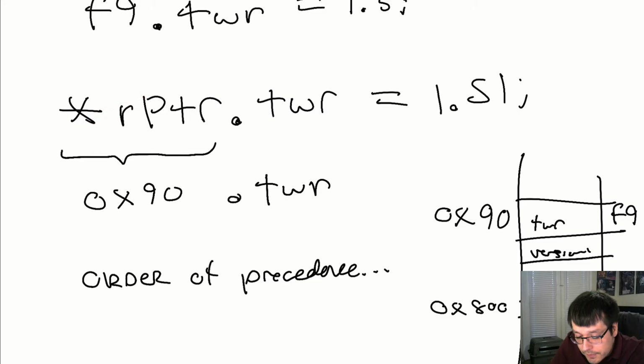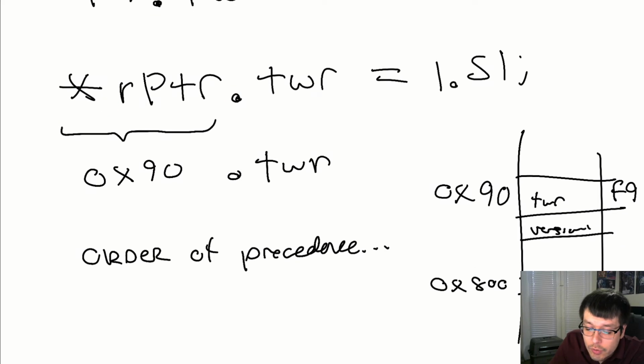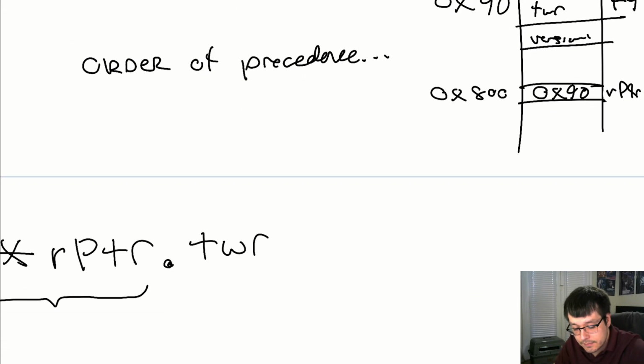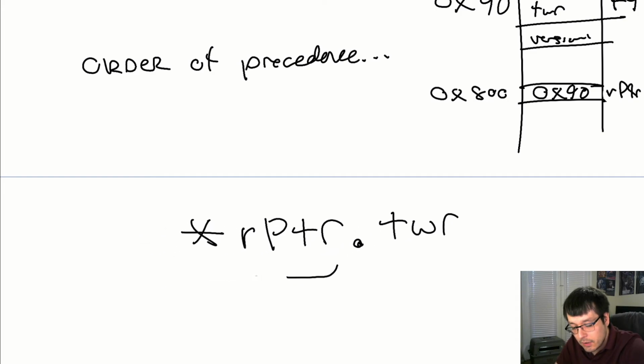The issue here is that these two operators have precedence, because there are two ways to interpret this line. The asterisk, the dereference operator, wants one thing because it's unary, right?